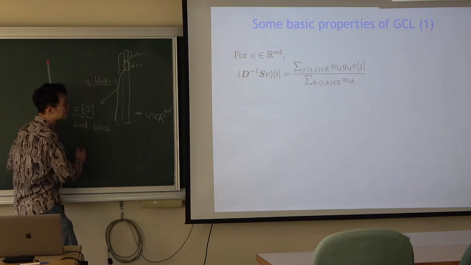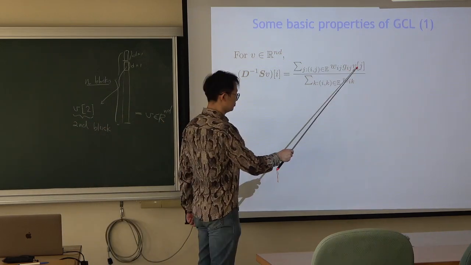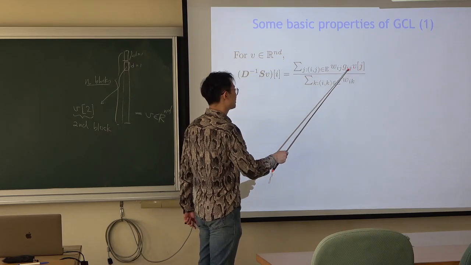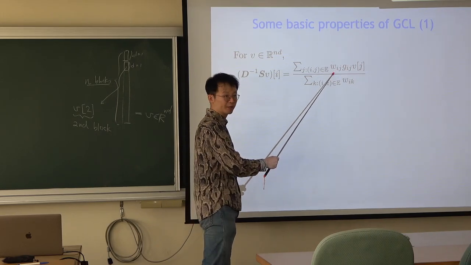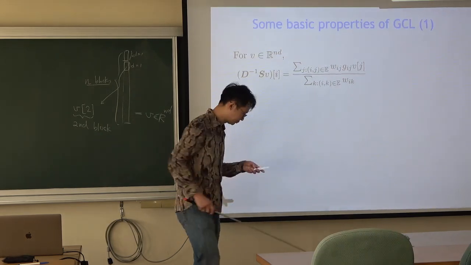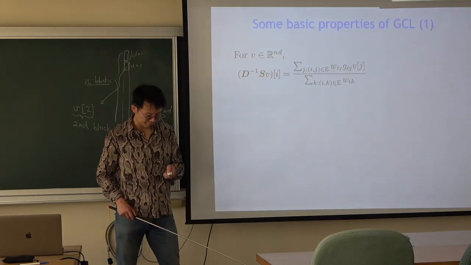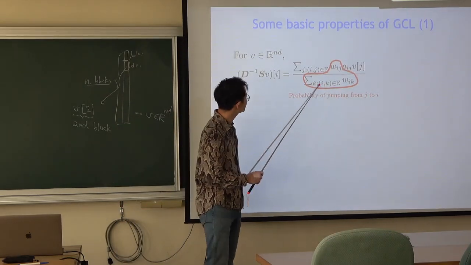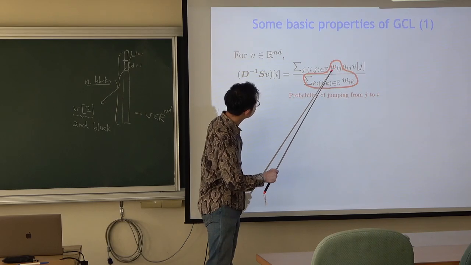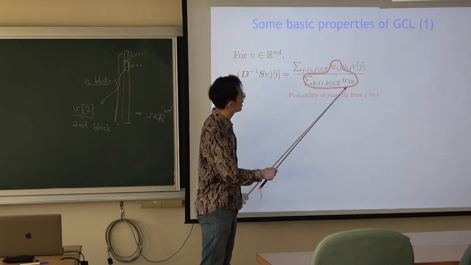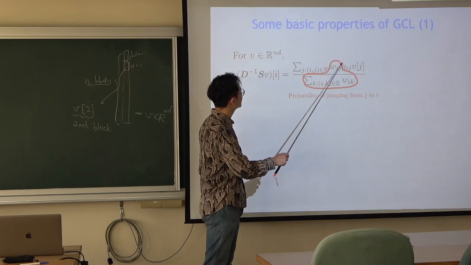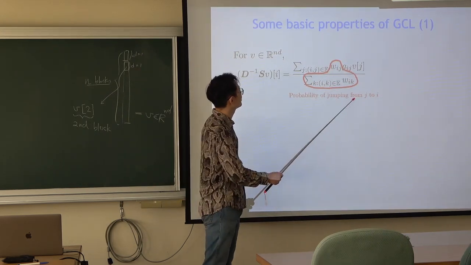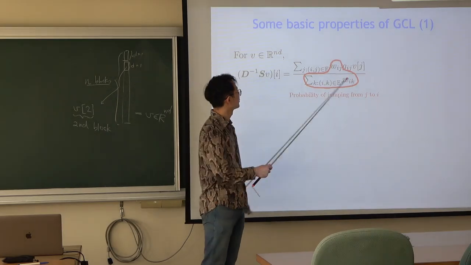If I use this notation, then you see you have a jth block multiplied by Gij and weighted by Wij. And this is the normalization. That's what you have immediately. What you can see here is Wij divided by the row sum of Wij. This actually is a probability, which describes how you jump from j to i.